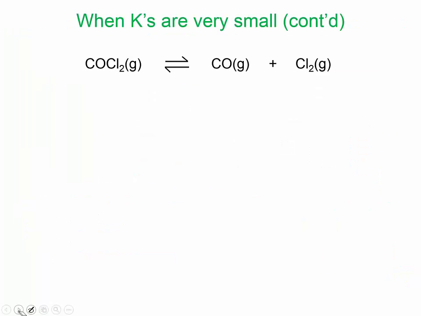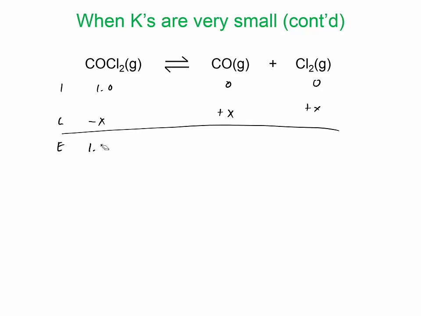I have this set up on the next slide, and I'll set up my ICE table. So this is 1.0, this is 0, 0, minus x, this goes up by x, this goes up by x. So 1.0 minus x, x, and x.